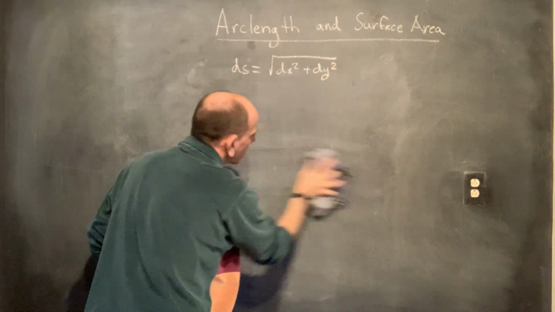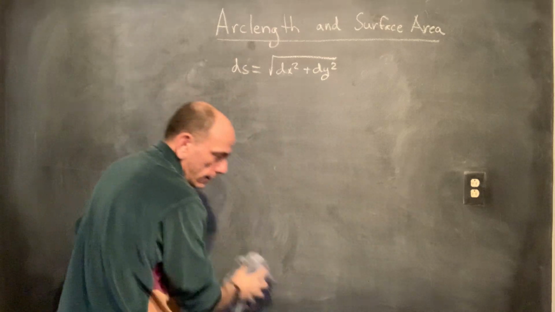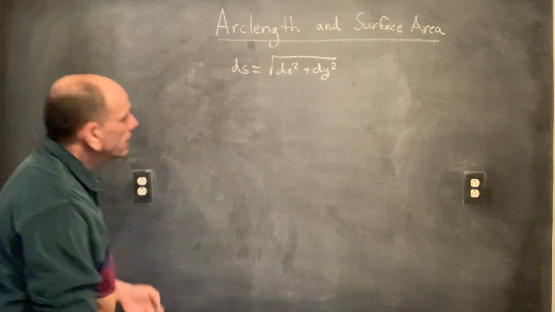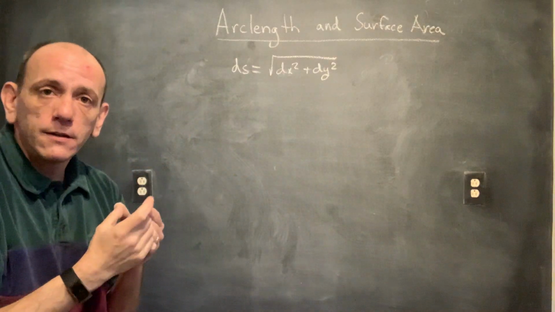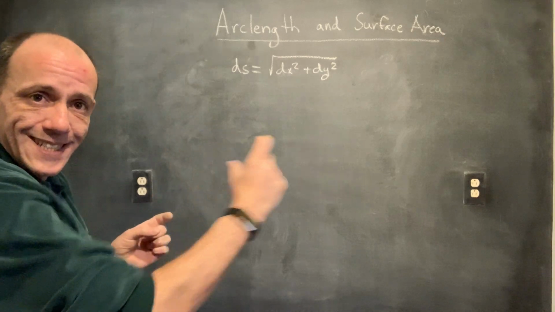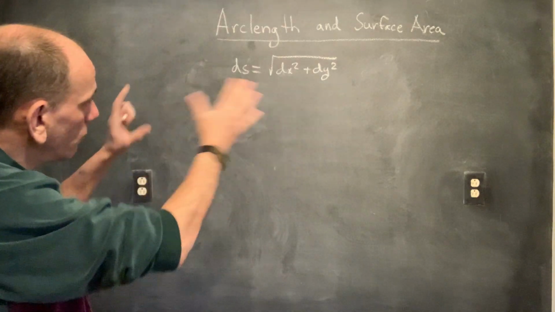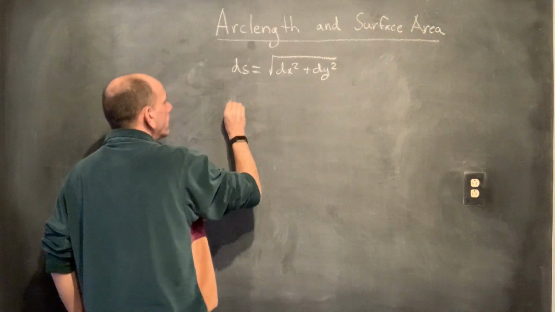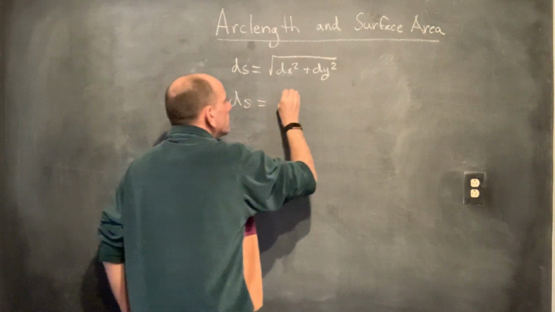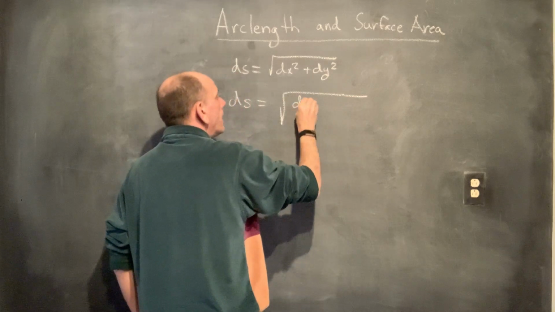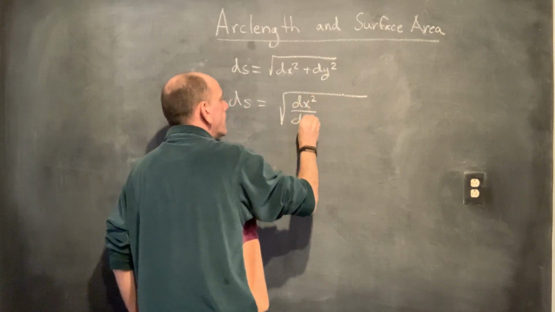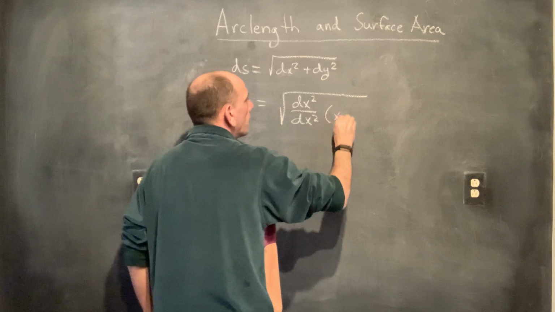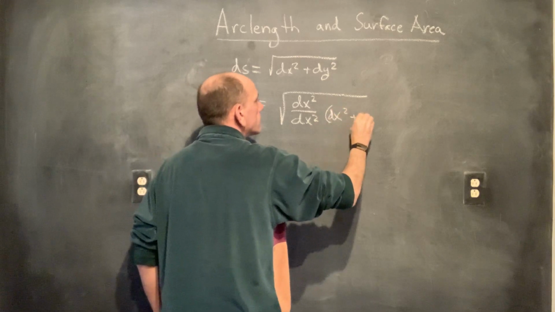And now I'm going to multiply by 1. What I want is a link to dx. So I want to be able to get dx outside. I need to relate ds and dx. So I'm going to multiply by 1 here, inside the square root, by dx squared over dx squared. Oops, dx squared plus dy squared.